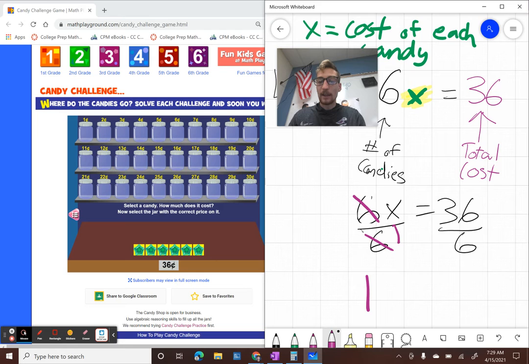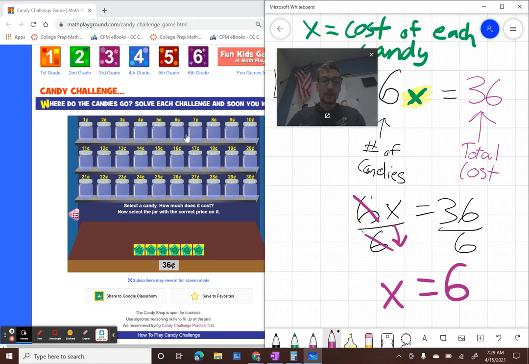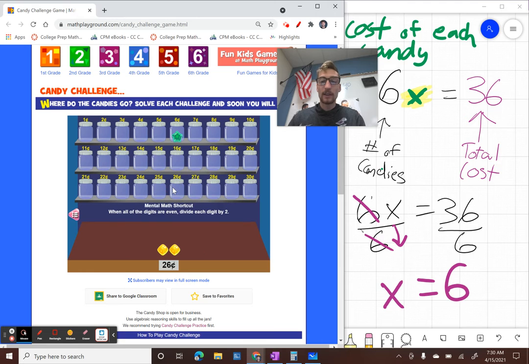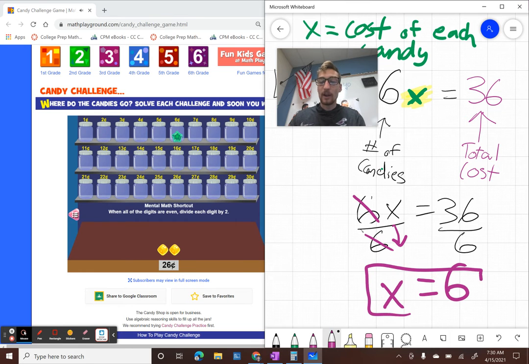And then I still have my x here. And then the other side, we have 36 divided by 6. That gives me 6. So 1x, or simply just x, equals 6. And so the cost of the missing candies here would be 6 cents. And so I click on the 6 cents jar, and it adds the candy to that jar. All right, so that was my first problem there.